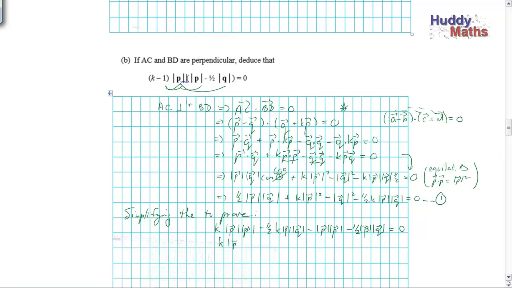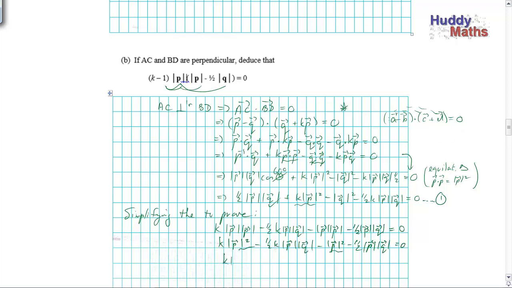K by length of P squared and minus a half K by P by Q minus length of P squared minus a half P by Q. Are they looking similar? Yeah, there's a half P by Q. And up here, K P squared. Now we've got minus P squared, and that's got Q there.